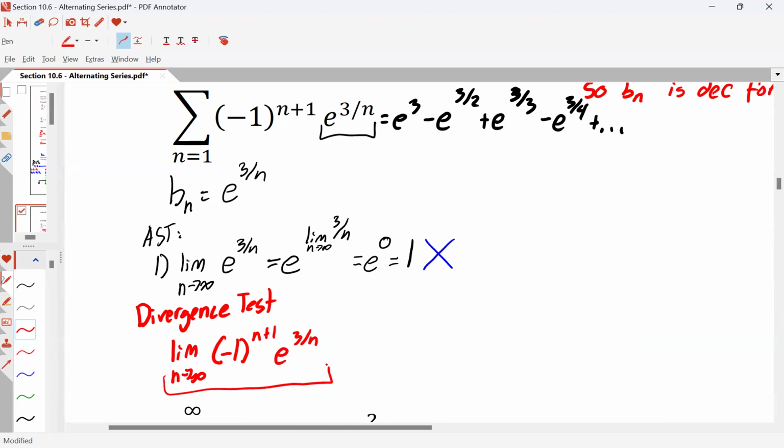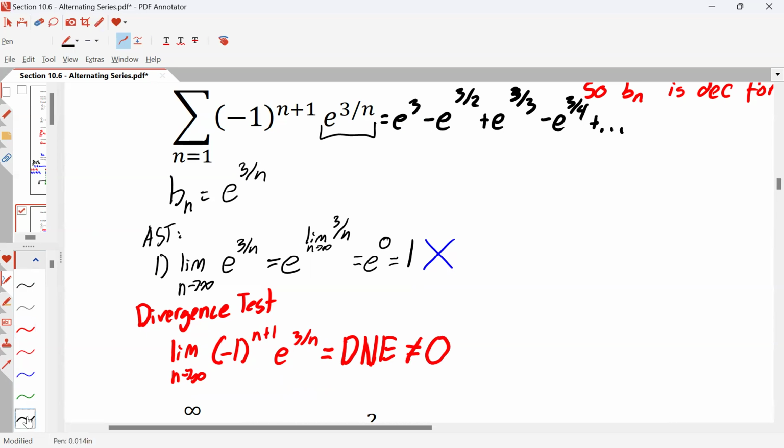So with this whole limit, as n gets really big, this sequence is going -1, 1, -1, 1, -1, 1. It does not zero in on a particular number, it's bouncing between two, meaning this limit does not exist. Since the limit does not exist, that is not equal to 0.